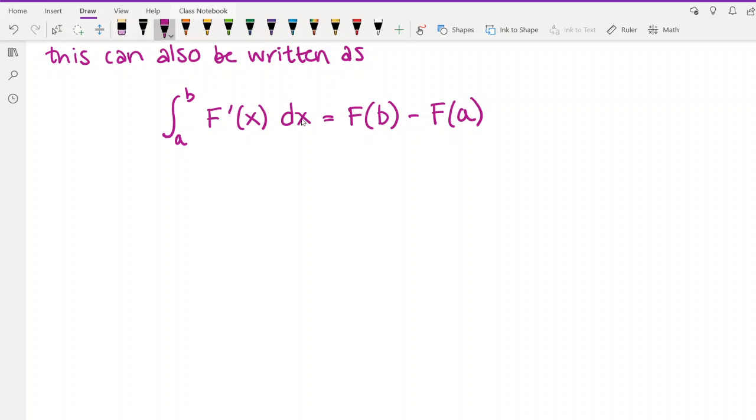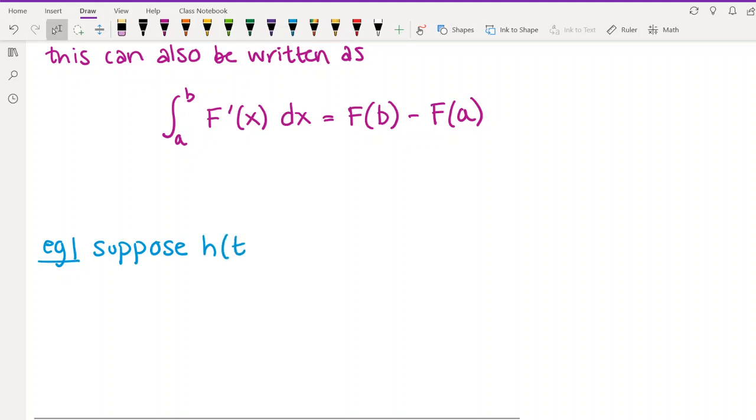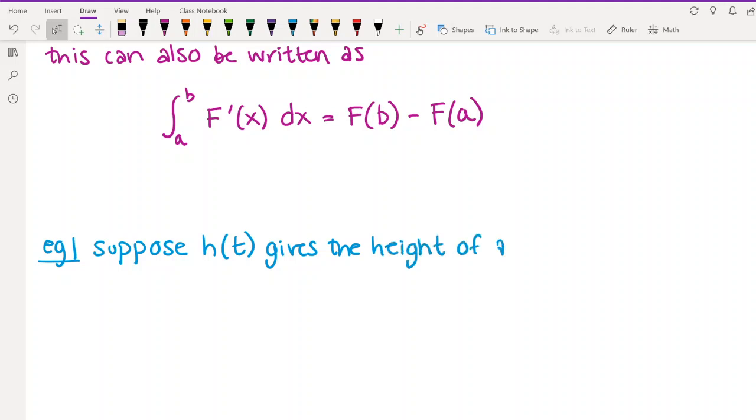So let's say that we had a function h of t that gives the height of a ball after t seconds.